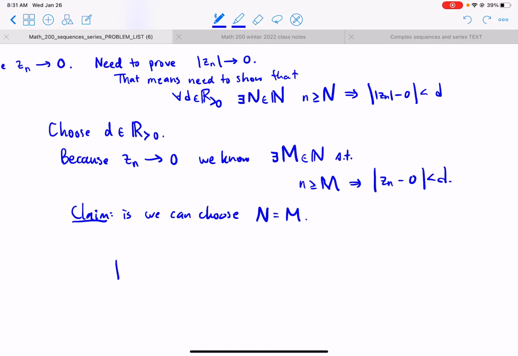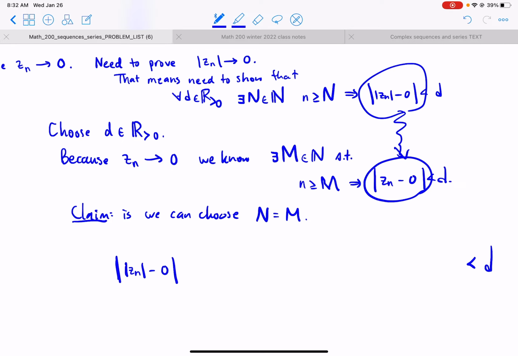So let's start with that. |z_n − 0|. Okay, I would like to eventually conclude less than d. And so that is what I will do. What I know is that this is less than d. So if I could transform this into this by calculating, I'm good.